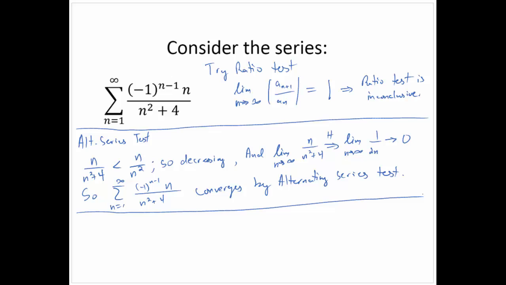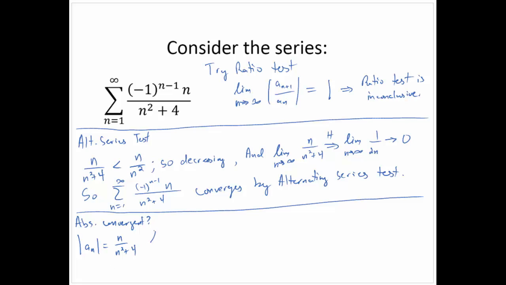Does it converge absolutely? So, is it absolutely convergent? Well, let's see. If I look at the absolute value of a sub n, that would be n over n squared plus 4. And notice that that looks similar to 1 over n, if you just look at the powers.